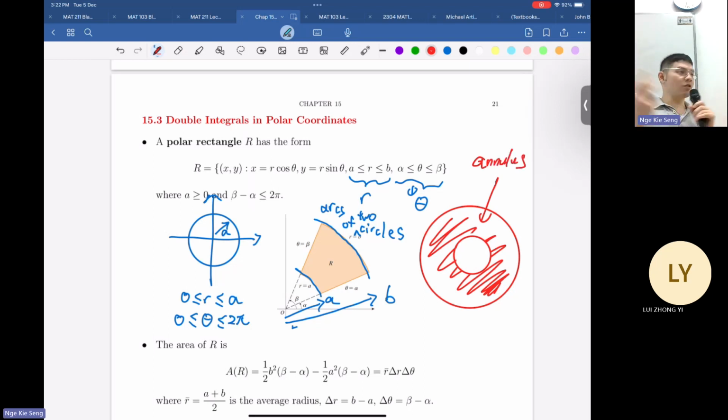If we don't consider the full angle from 0 to 2 pi, we will cut it as a sector of the annulus. A circle is angle from where to where? From 0 to 2 pi. If we start with 0 and then cut a certain angle, we will get a sector like this. Does that make sense? So this is the most general polar rectangle you could get. Make sense or not?